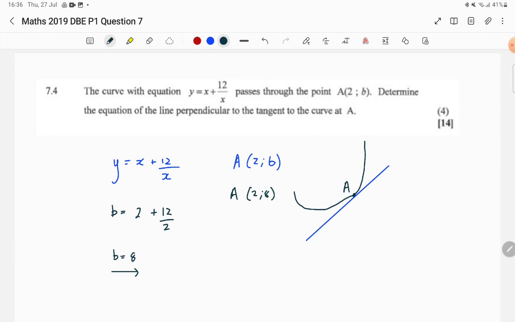We need to determine the equation of the line perpendicular to the tangent. If it's perpendicular, it is at a 90-degree angle to that tangent. So let's label these: this is our tangent and this is the line perpendicular to the tangent.